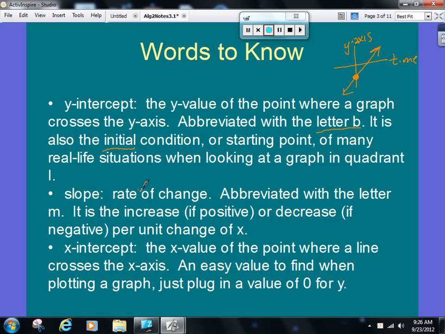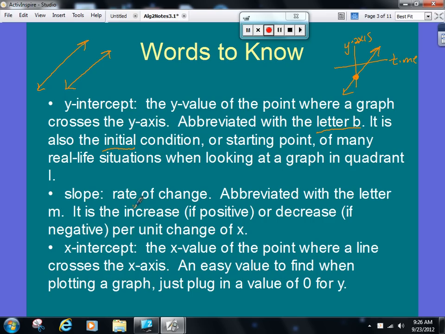Slope. Our slope is the rate of change. We've talked about this before. All lines, you should know from geometry, are congruent, really, because there's no starting and end point. They go on forever. There's no width, so we can map every line on top of another line. So we need a way to distinguish them from each other, and the way we distinguish one line from another is using this measurement called slope.